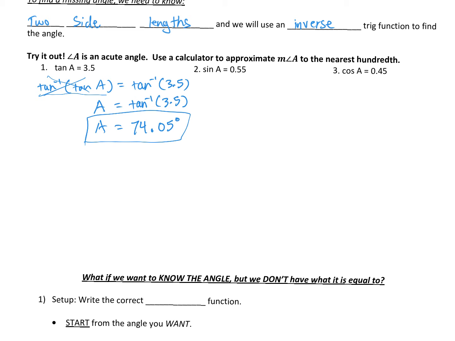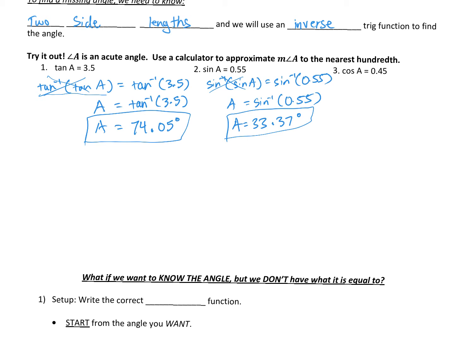Same thing here. We want to take the inverse of each side. This cancels out my sine, so we have A equals the inverse sine of 0.55. We punch that into our calculator. We should get A equals 33.37 degrees.